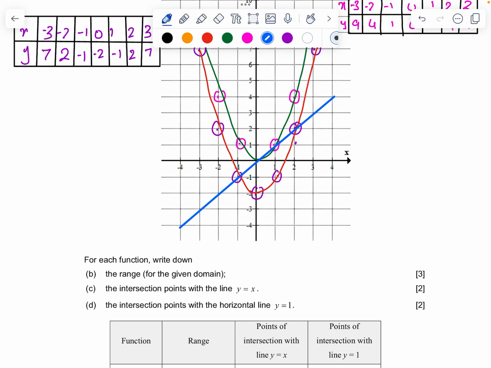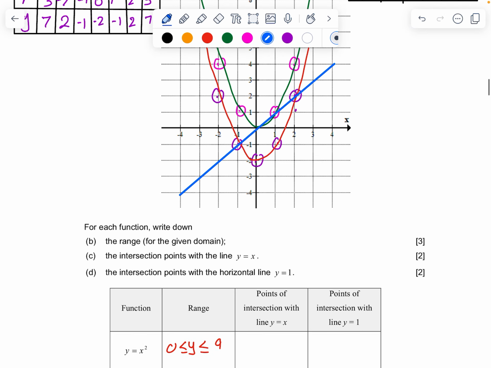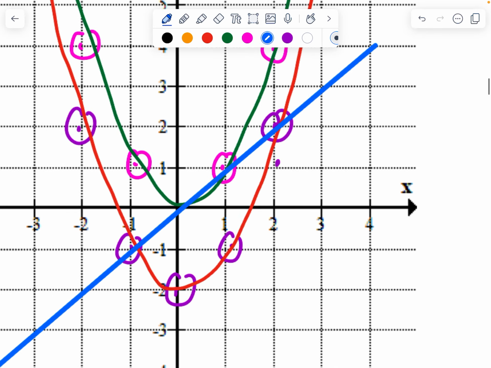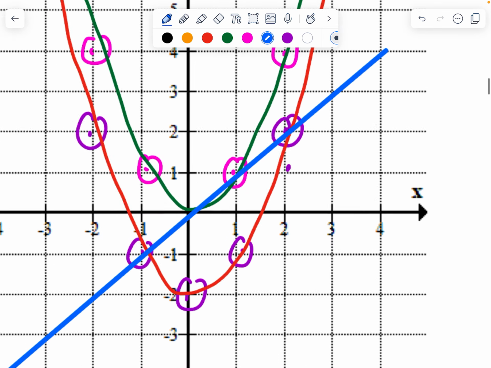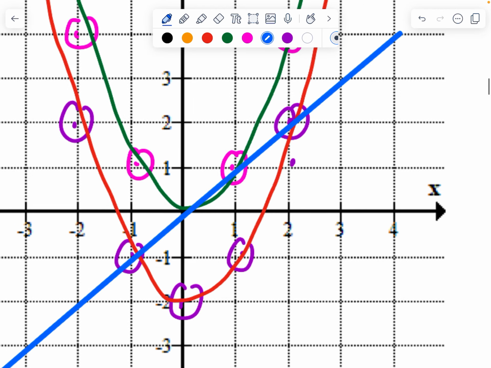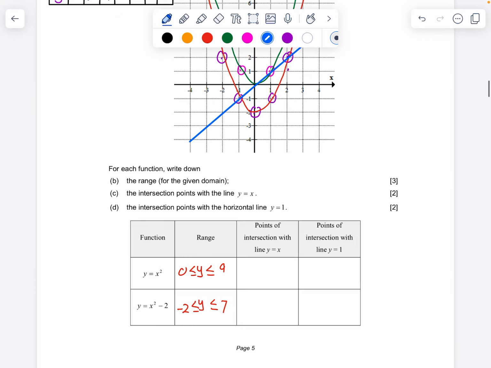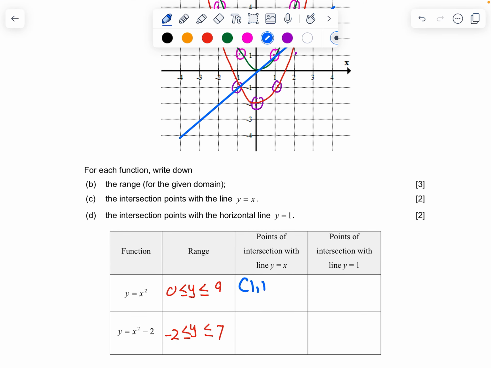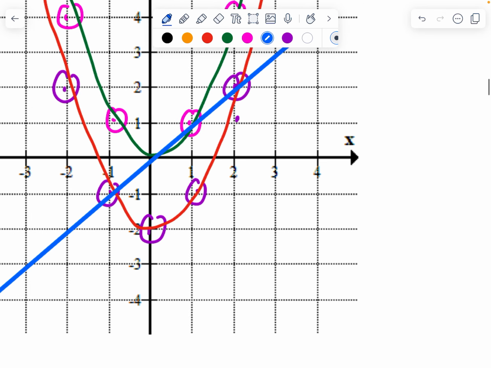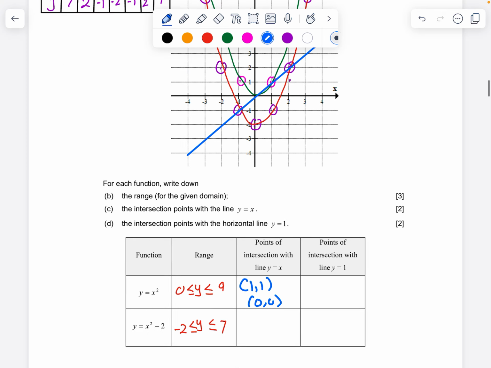This is y equals x, and you can see the blue line and the green graph are intersecting at (1, 1) and (0, 0). The blue line and the red graph are intersecting at (-1, -1) and (2, 2).